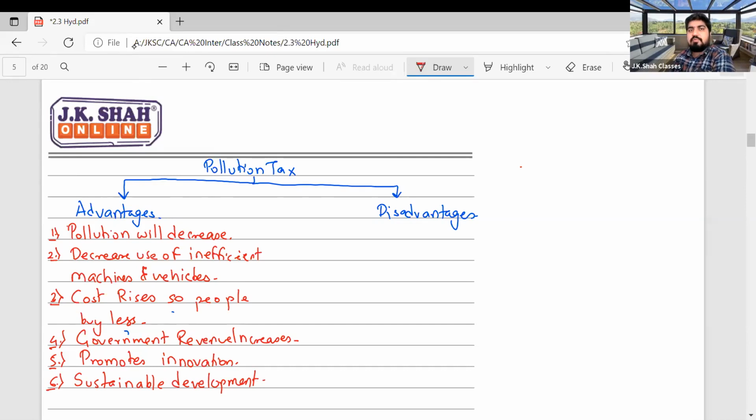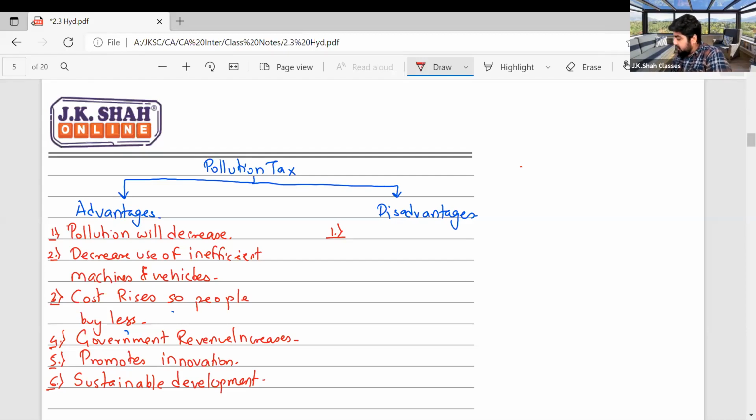Now, similarly, how you have given advantages, can we have a look at the disadvantages also? Correct. So let's talk about disadvantages now. Okay. So disadvantages.